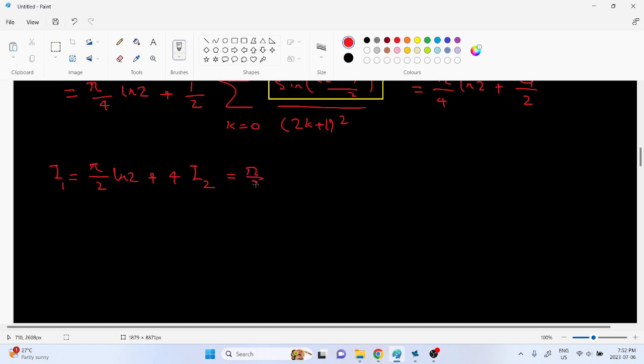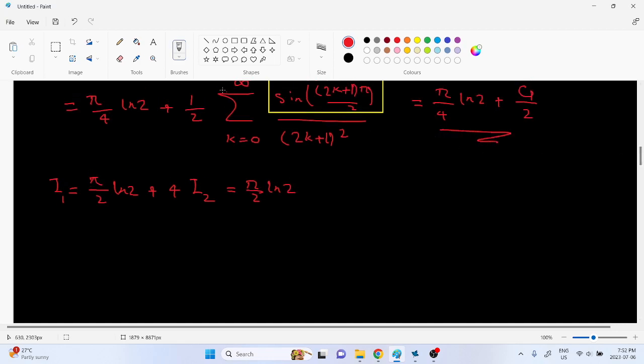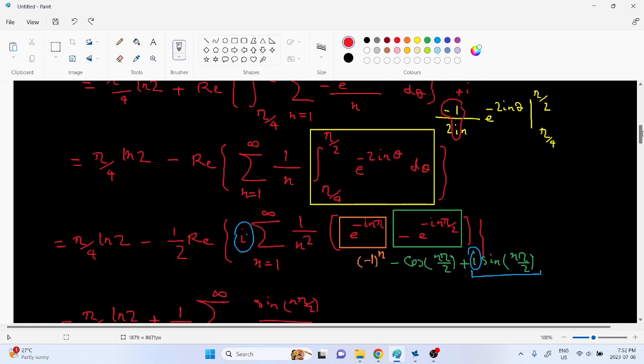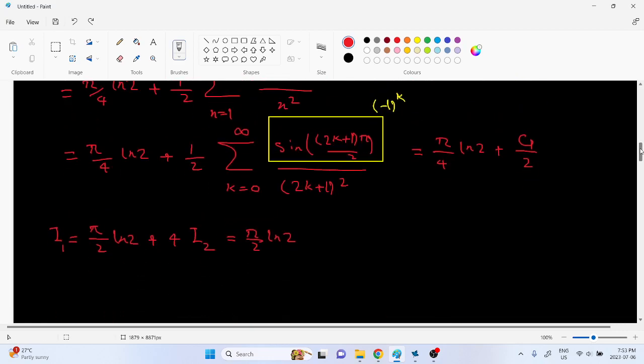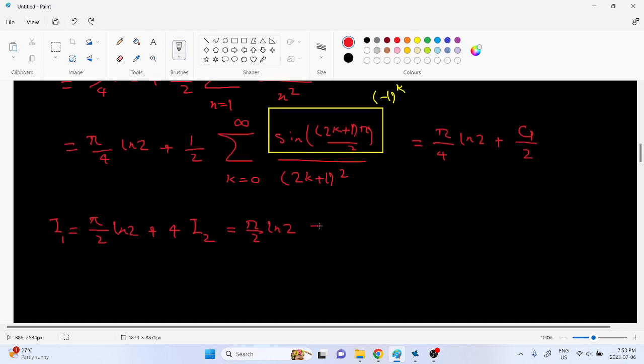So we get pi by 2 times the natural log of 2 plus 4 times this expression, plus pi times natural log of 2 plus 2 times Catalan.